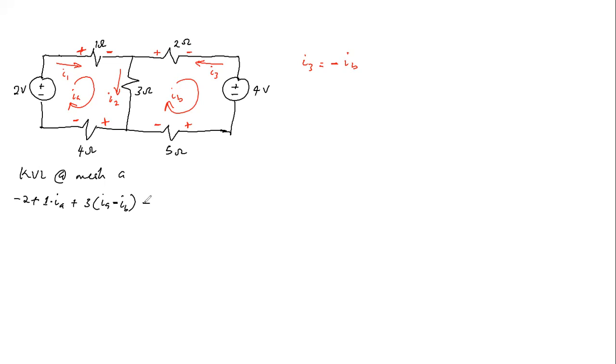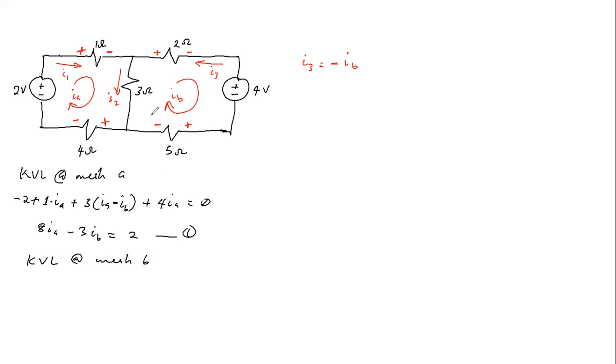Then plus 4 times IA. It's the same as 0. And this is going to give us 8 IA minus 3 IB is the same as 2. It's our first equation.